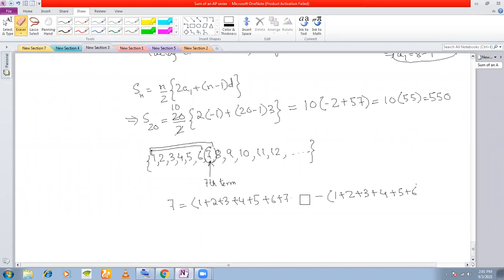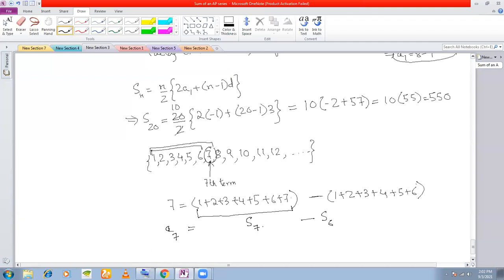I'll just erase this here. What you see is that this is S7, the sum of the first 7 terms, and minus this is the sum of the first 6 terms. And what are you getting here? You're getting A7, right?